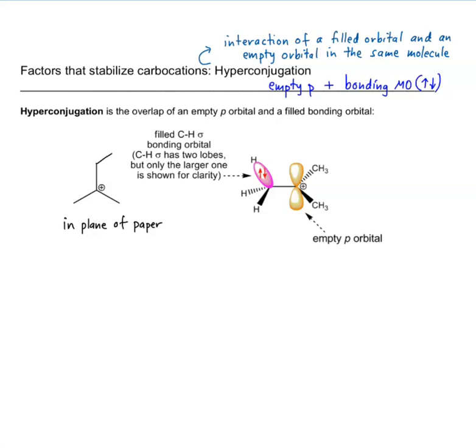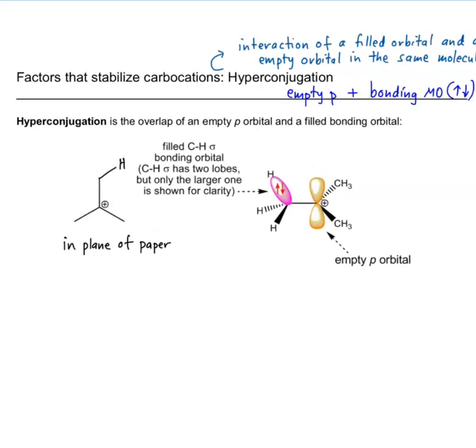Now, let's put in one of the carbon-hydrogen bonds coming off of a carbon that's next to the carbocation. Here's some more labeling for you. The carbon with the positive charge we call the alpha carbon. One bond away in any direction is called a beta carbon. So what we're looking at is the hydrogens that are attached to beta carbons.